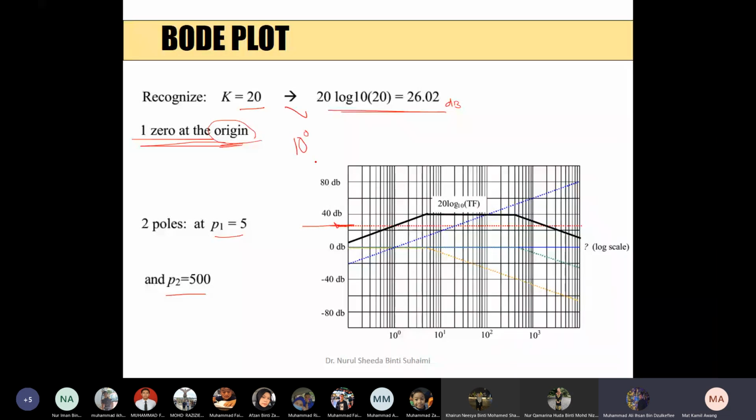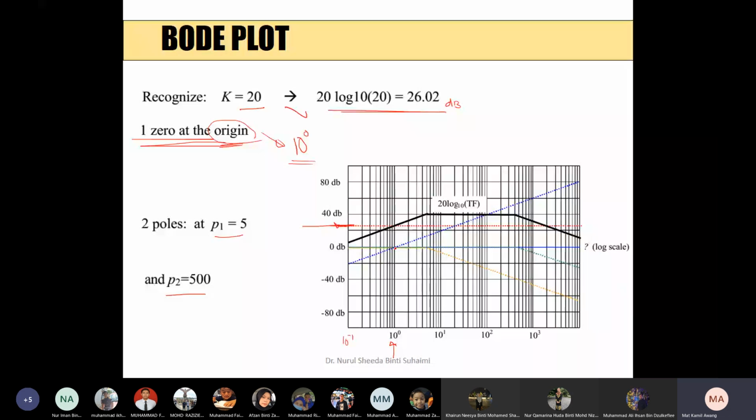It's a log scale. This is the origin, 10 to the power of 0. This is not the origin; this is actually 10 to the power of minus 1. So 10 to the power of 0 is the origin, and at the origin the value is 0 dB here.